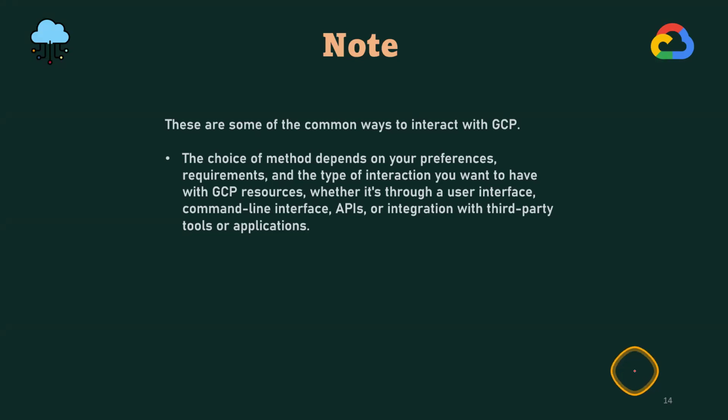Okay, it depends on your project requirement which interaction method you have to use, and your own interest also sometimes. If it is flexible, you can also use it according to your choice. Some people use console mode, some people use cloud shell mode. Okay, it totally depends on your own interaction perspective.